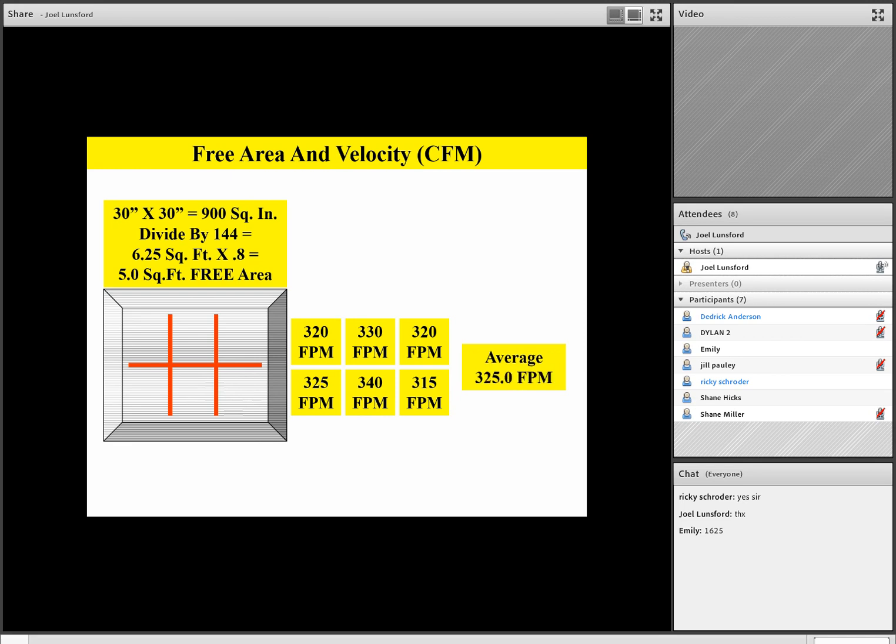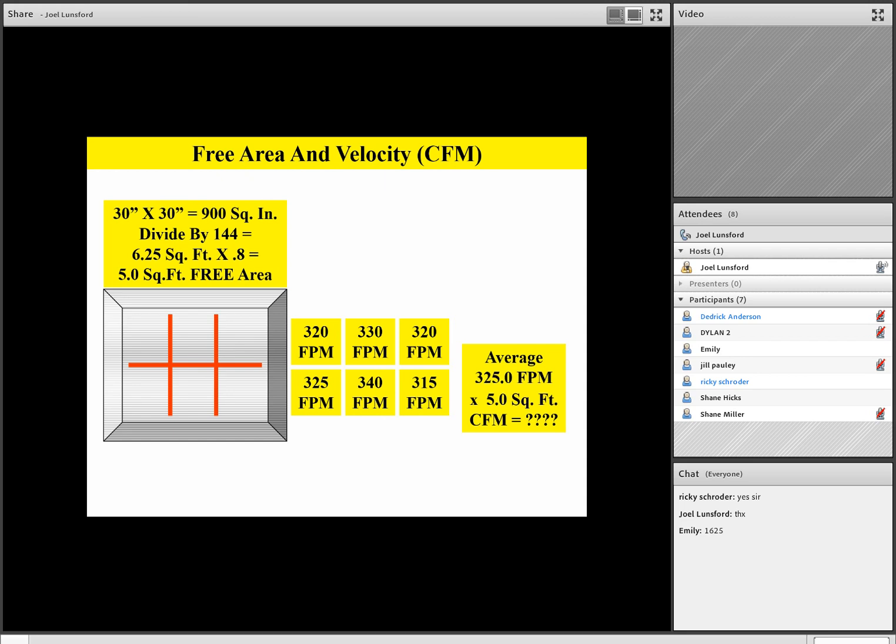We then multiply that average reading of 325 times the 5.0 square foot free area opening of that grill. And so in our example, let's say this was a 30 by 30 return grill. Under these conditions and the average velocity that we've measured across it, we're actually moving 1625 CFM.